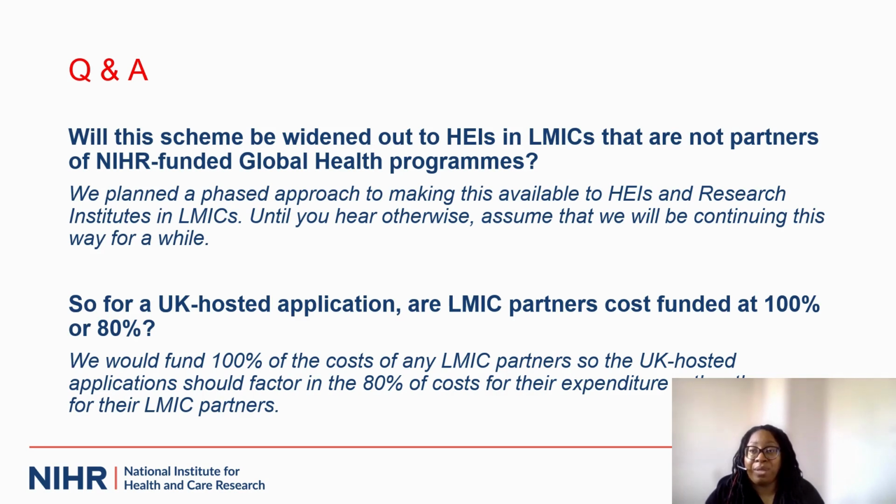Where you have LMIC partners, their costs are 100% for their indirect and direct costs. Where the lead applicant is in an LMIC and all of the partners are LMICs, then all of the costs are 100%. All of the indirect and direct costs are at 100%.